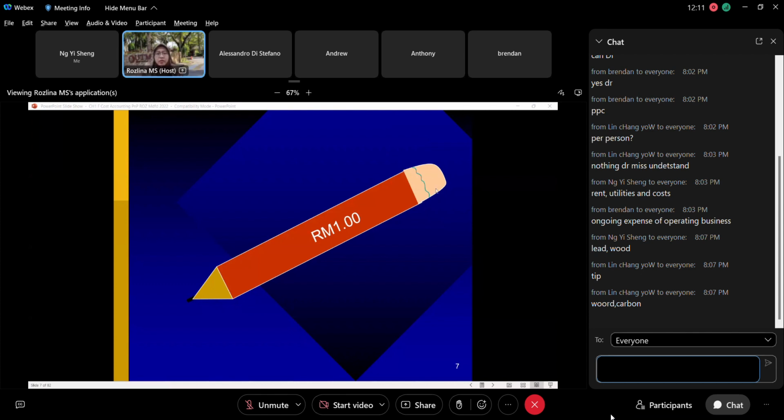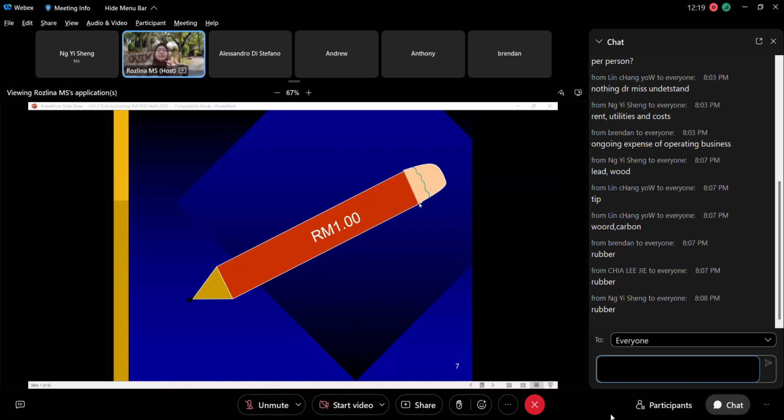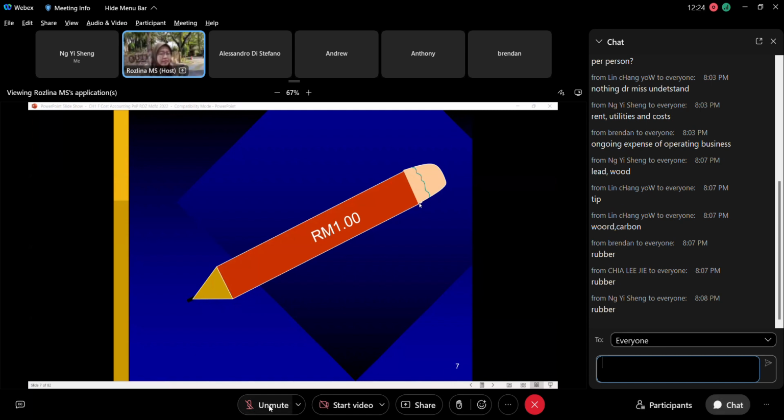It is wood. Then this one on top? Here is rubber. Then this one is the ferrule, like a metal piece used to hold it. Then what is this?